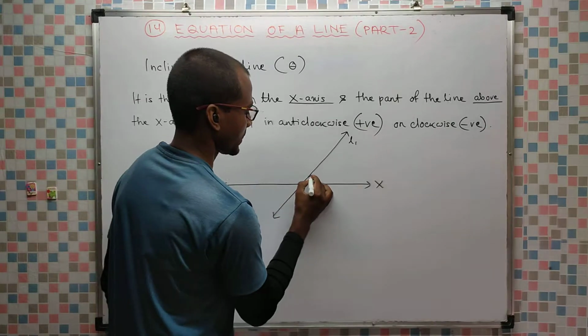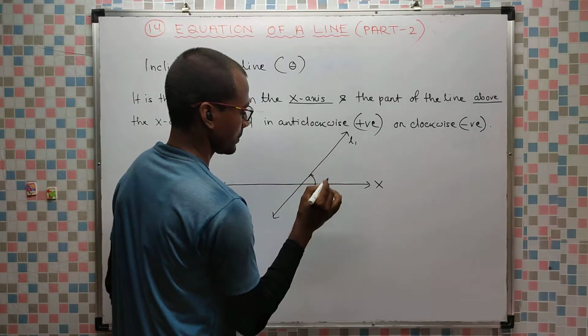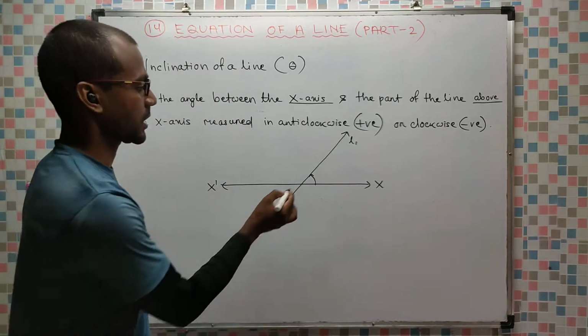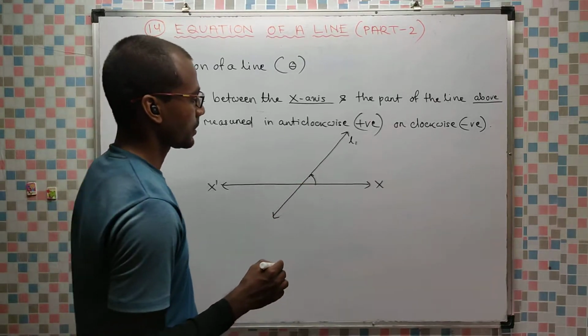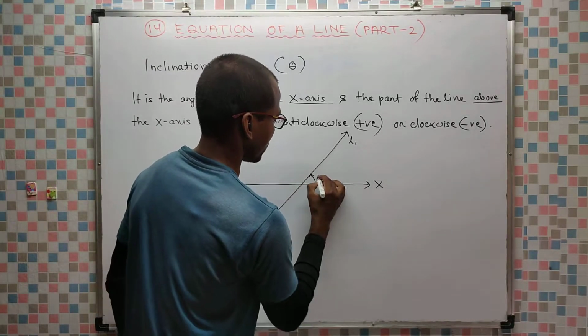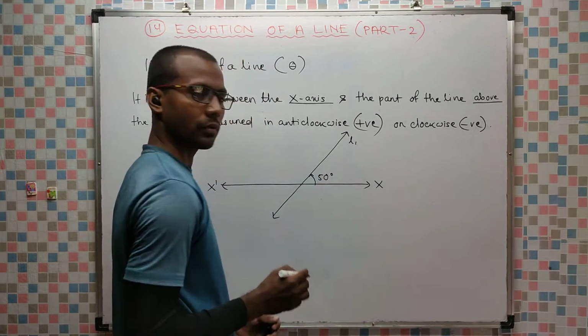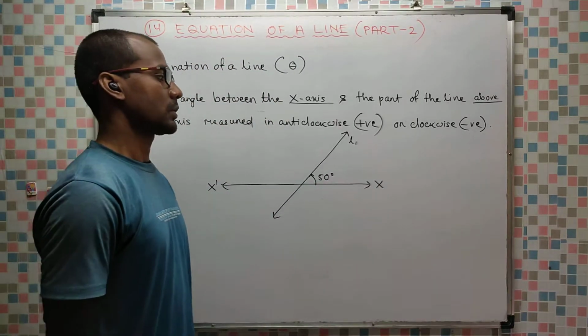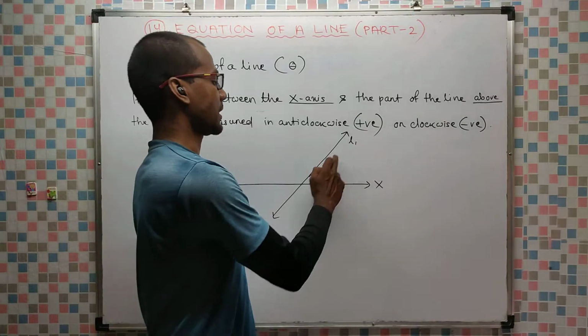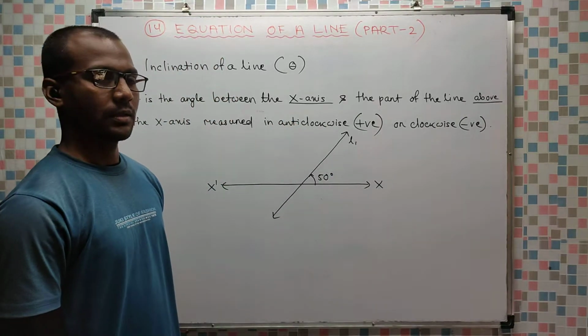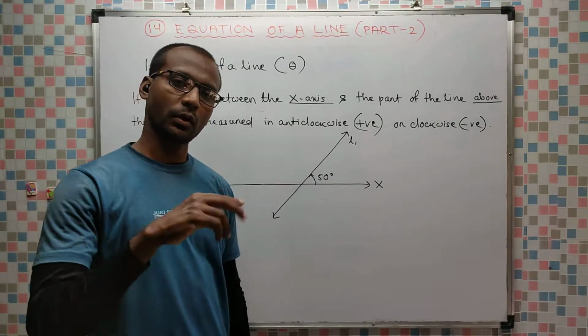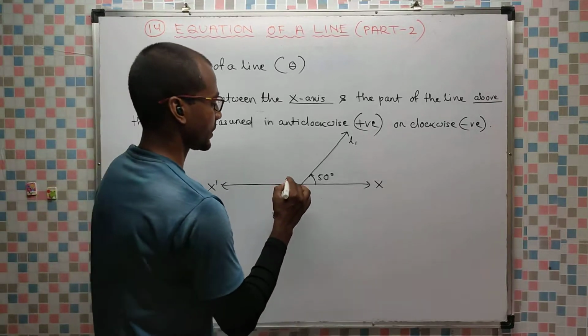Suppose this angle is measured in anti-clockwise direction. Start from x-axis always. Suppose this is 50 degree. So the angle of inclination of the line L1 is 50 degree. The same angle of inclination can be measured in clockwise direction also. This direction.